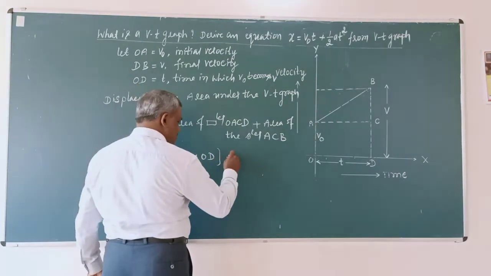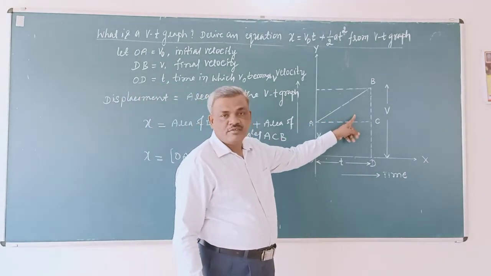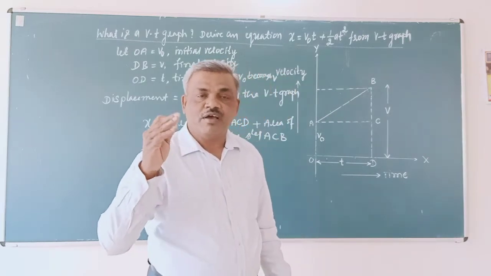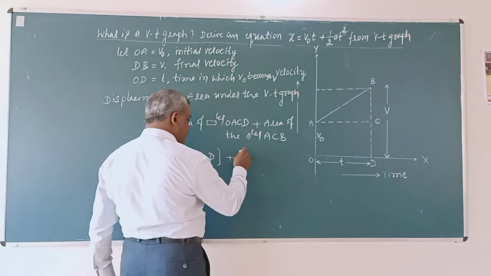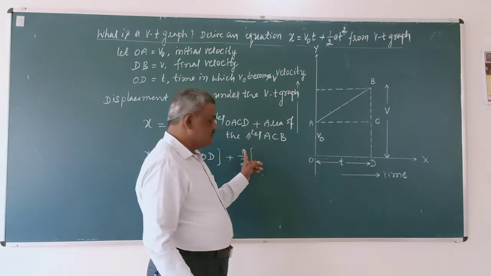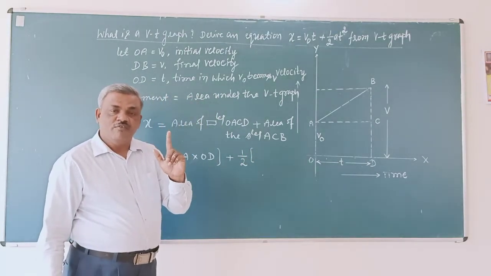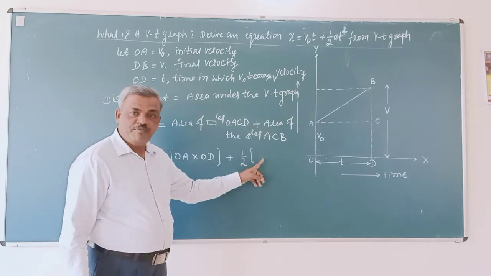Plus the area of the triangle. So this is a triangle. You already know the formula for the area of a triangle: 1 by 2, base into height. This is the general formula.